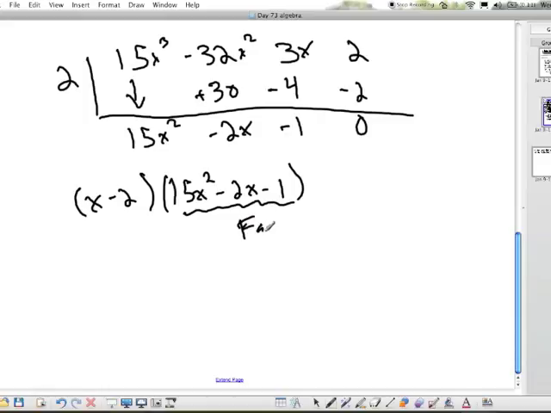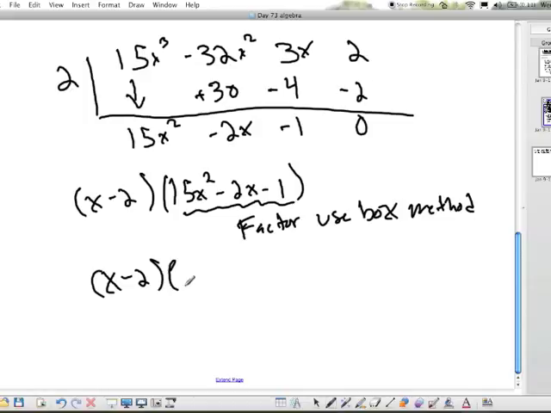Let's factor again. Use box method. So use the box method. I'm not going to do it here. So you should know that when you factor using the box method, you will get 5x plus 1, 3x minus 1.